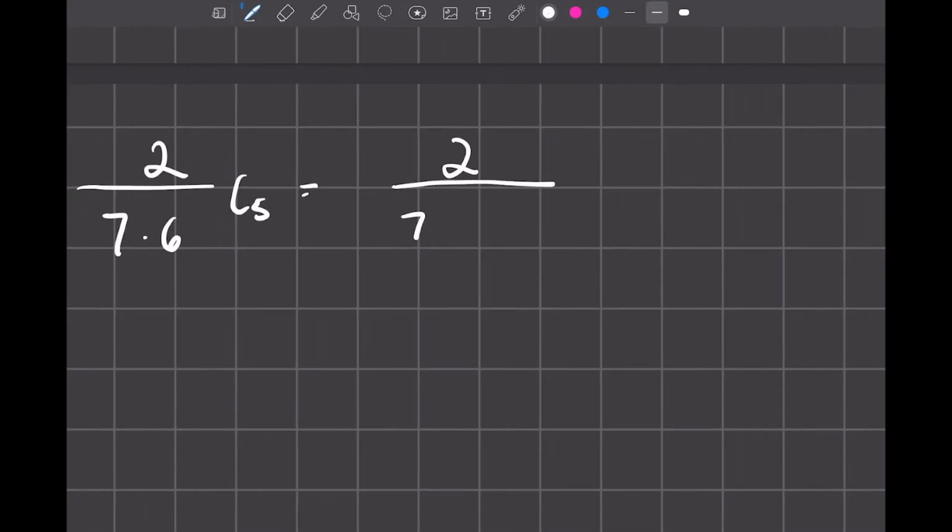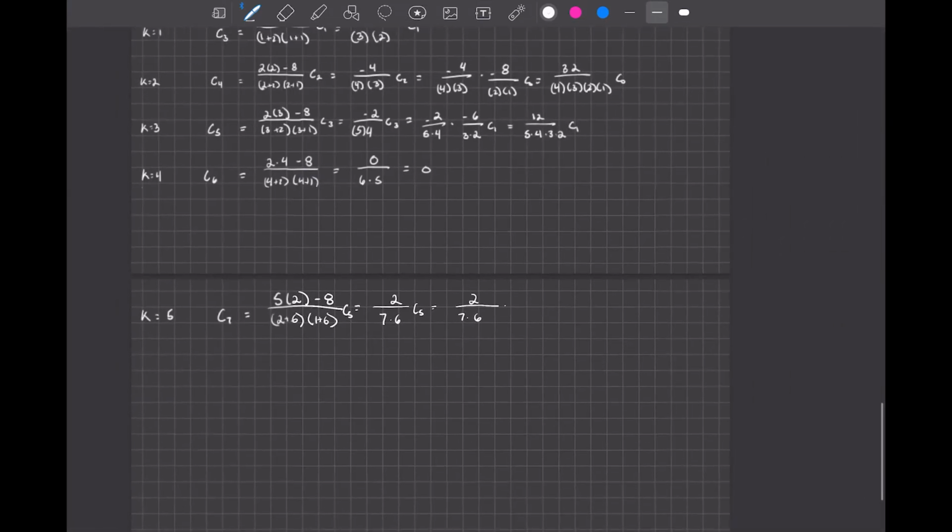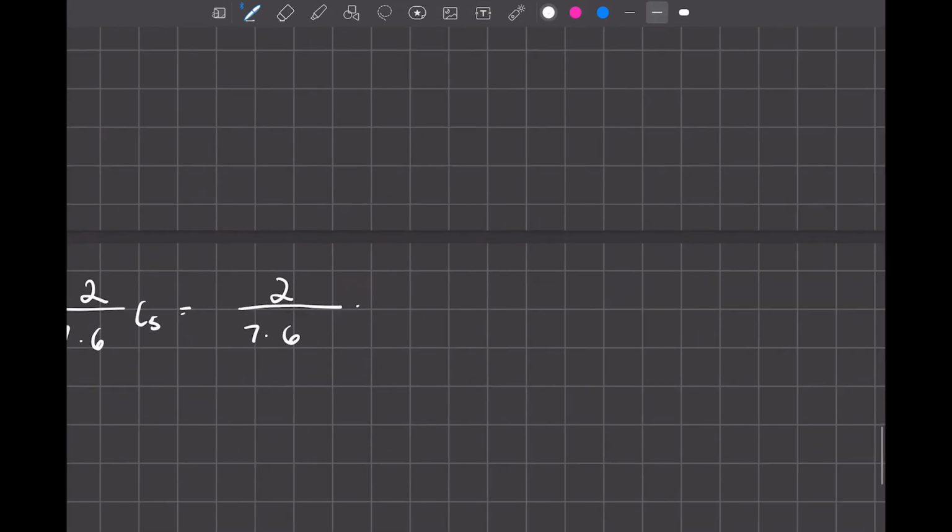So here we could do some simplifying again, or plugging in what we know.